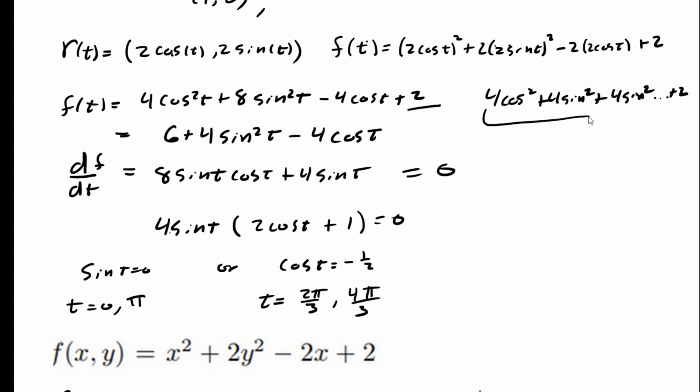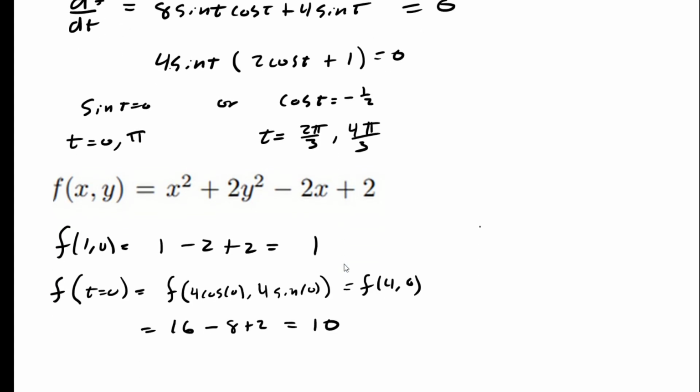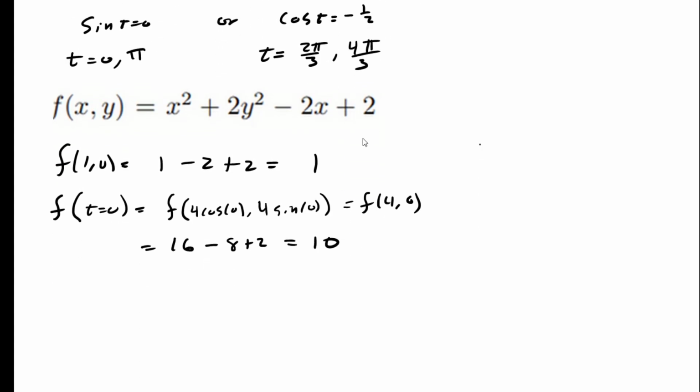So cosine squared plus sine squared is 1, so that's going to be 4 plus 2 is 6. And then I have the 4 sine squared left over. Where was I at? Plugging this in. So we got 10. So that's the maximum so far, and that's the minimum so far.